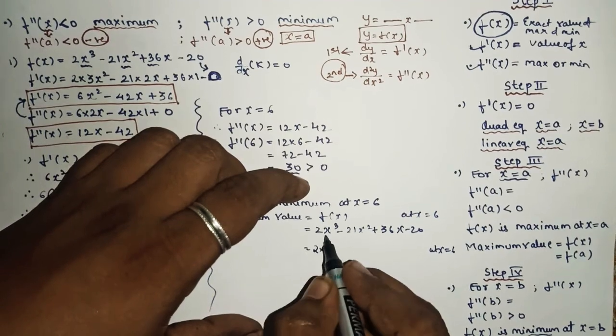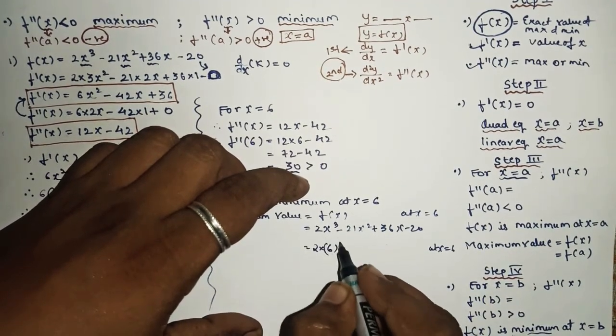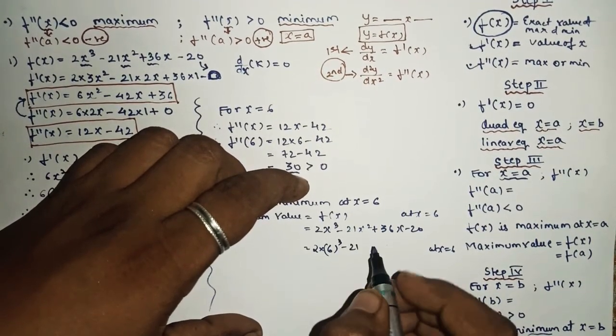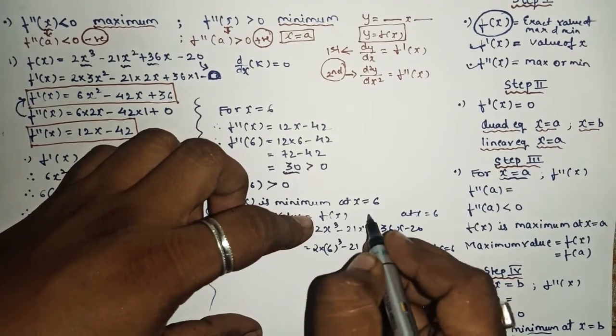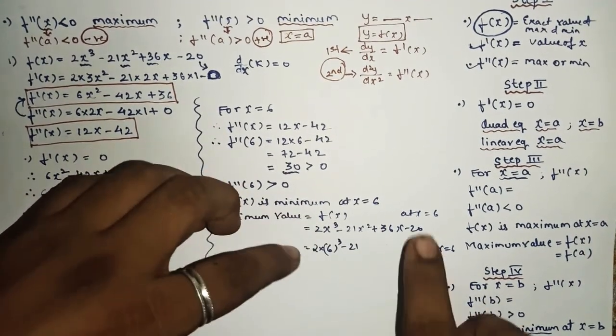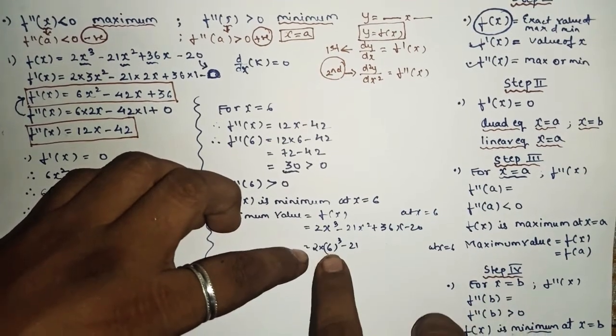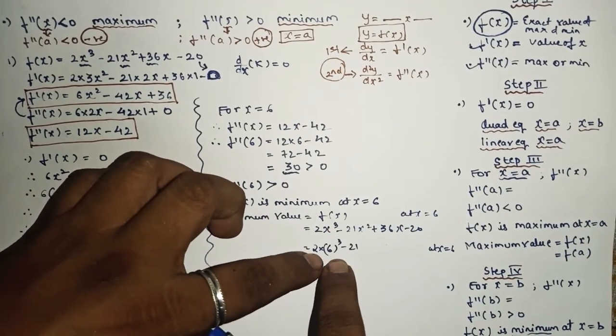Here we'll replace the value of x by 6. In place of f of x you can write directly f of 6 also, or else just write at x equal to 6. At x equal to 6 means you will replace the value of x by 6 here.